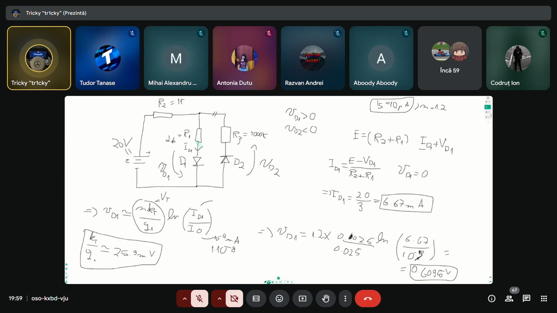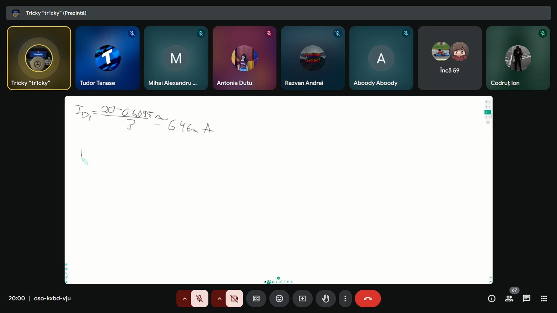It's basically gonna be R1 times ID1 because we need to get the voltage for this resistor plus VD1. Oh, I'm not on the right page. So again, R1 times ID1 plus VD1 is equal to R3 plus, we are gonna use ID2 here.